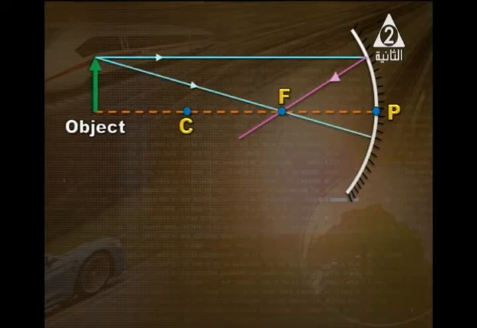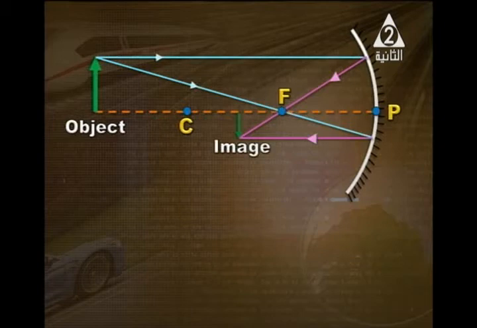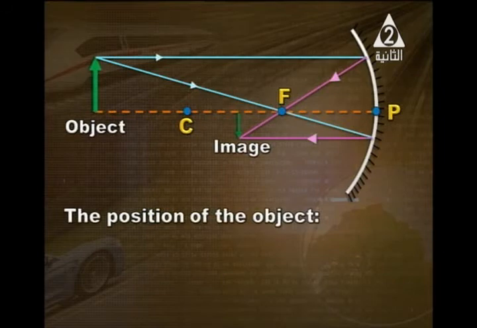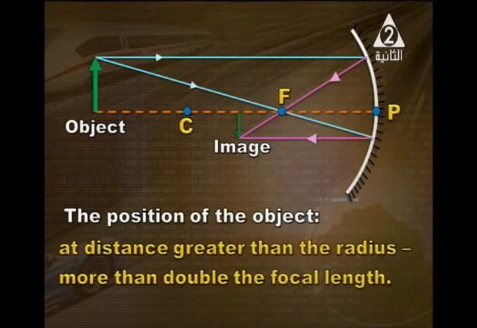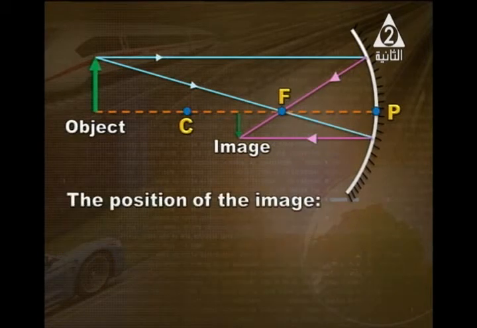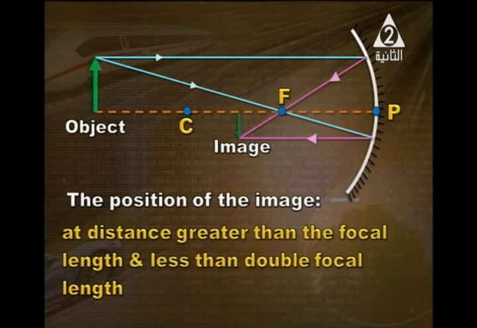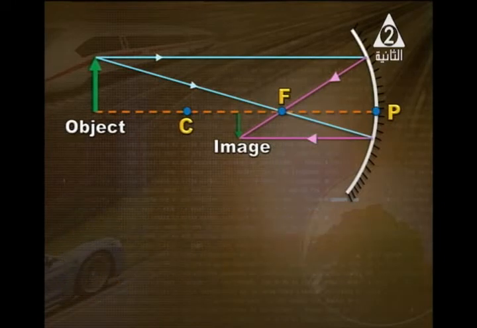Another ray passing through the focus will reflect parallel to the principal axis, so the image is formed between the center of curvature and the focus. The position of the object is at a distance greater than the radius, more than double the focal length. The position of the image is at a distance greater than the focal length and less than double the focal length.